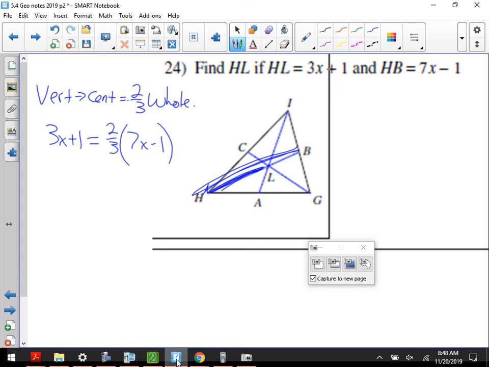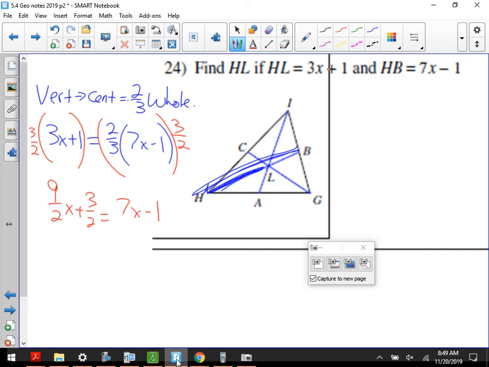So if I multiply both sides by 3/2, I'm still going to wind up with either a decimal or a fraction. It's okay. I get 9/2 x plus 3/2 is 7x minus 1.